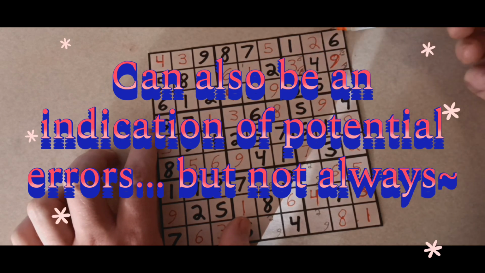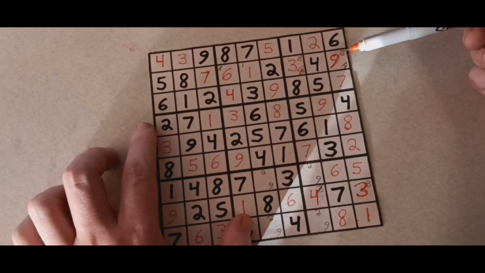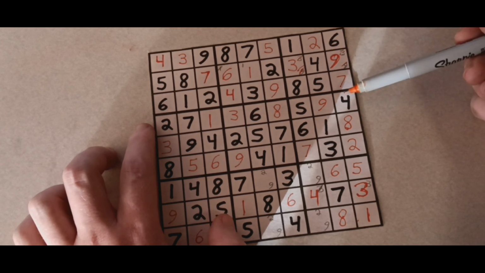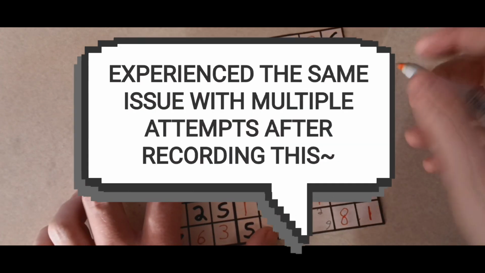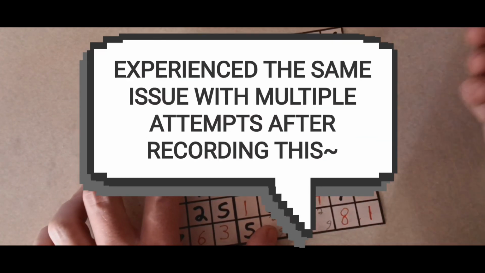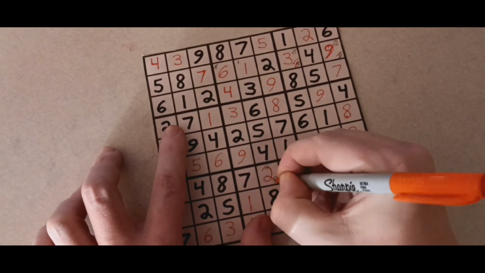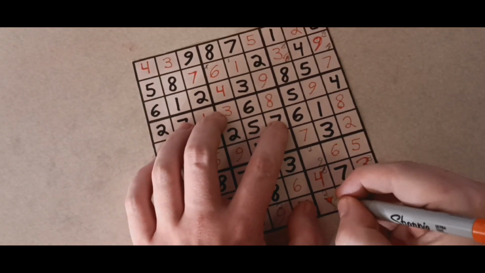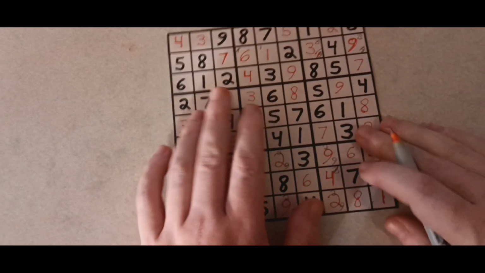So by double checking, 5, 6, 7, it is determined that there are no errors that I'm coming up with. So for this illustration, we're just going to go ahead and pick one, okay? Let's have a 2 right here, 9 here, 2 there, and a 9 there.